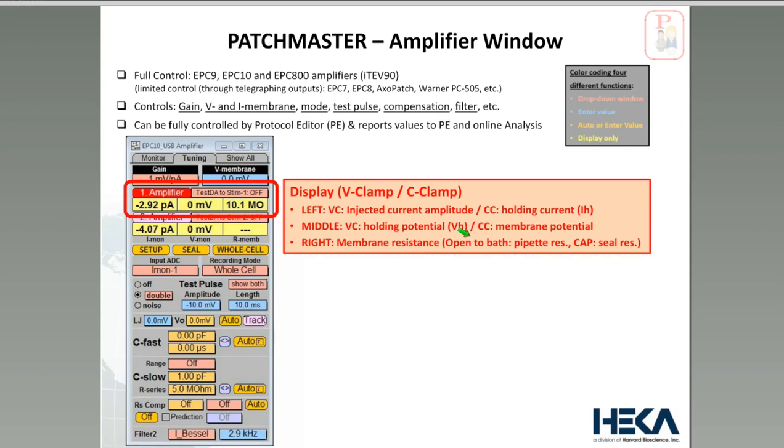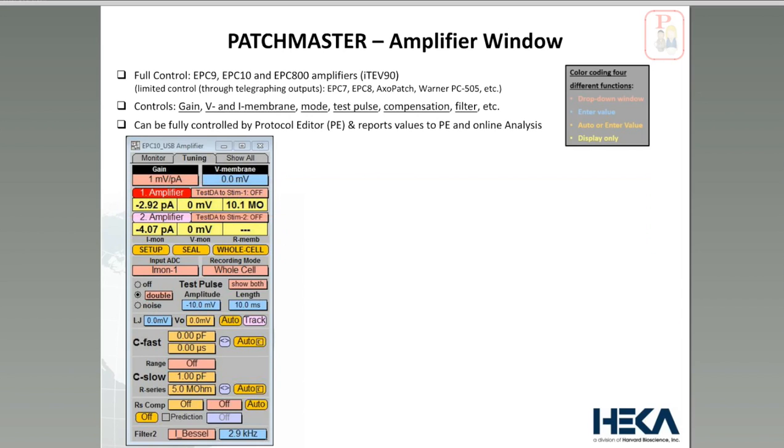For example, if you have an open pipette in the bath, this will show you the pipette resistance. If you are in cell-attached patch configuration, this will show you the seal resistance. And if you are in the whole-cell configuration, this area will show you the membrane resistance. So you need to know what recording configuration you are in at the moment to know what resistance is displayed.